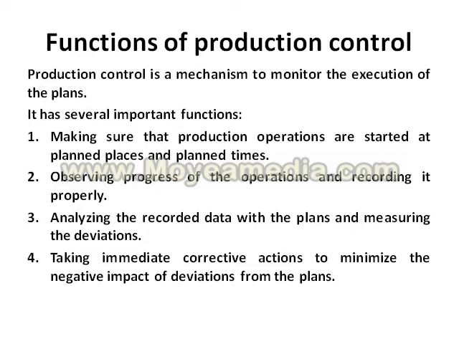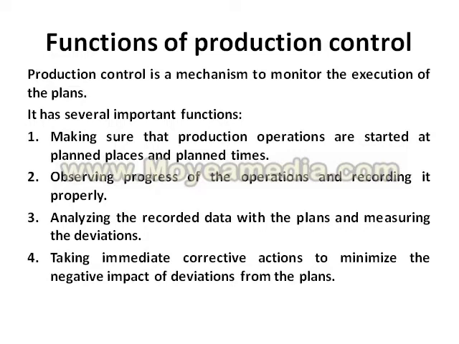You need to provide raw materials, equipment, machines and labor to organize your production schedule in conformity with the demand forecast, that is the major one, without causing any lead time. Proper coordination of operations of various sections and departments, where you are analyzing your recorded data against the plans and measuring the deviations, taking immediate corrective actions if any are required, and performing the inspection of your semi-finished and finished goods.